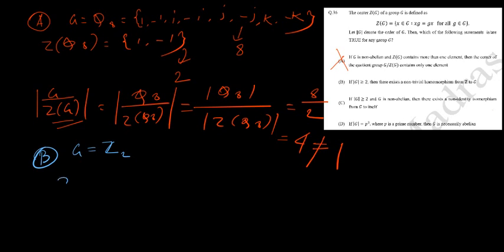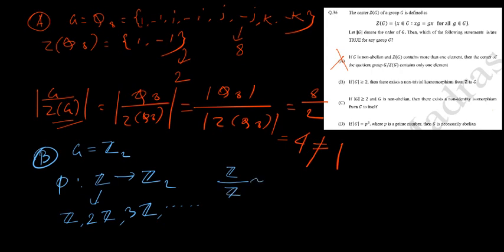Suppose phi is a homomorphism from Z to G. The normal subgroups of Z are Z, 2Z, 3Z, 4Z, up to infinity. Now Z by Z is isomorphic to the identity group Z1, which is a subgroup of any group. So this is a subgroup of Z2, but this is a trivial homomorphism.